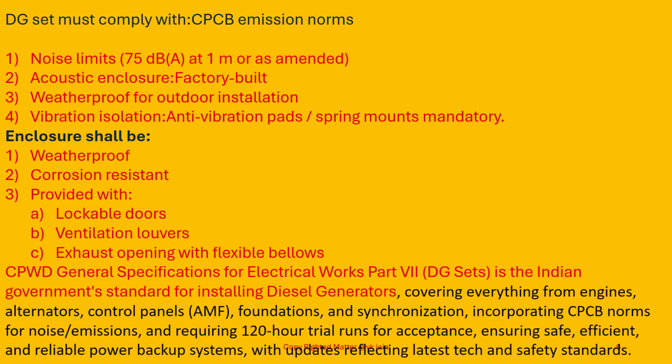It is the India government standard for installing diesel generating sets covering everything from engine, alternators, control panels, and AMF (automatic mains failure) panel, foundations, the method of synchronizing, incorporating CPCB norm for noise emissions, and requiring 120 hour trial run for acceptance, ensuring safe, sufficient, and reliable power backup systems with updates reflecting latest technology and safety standards.